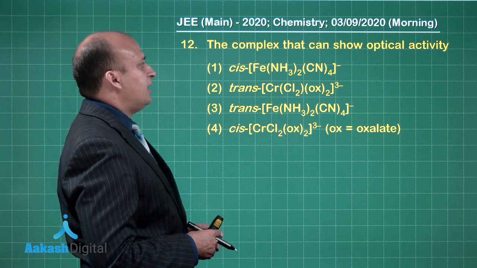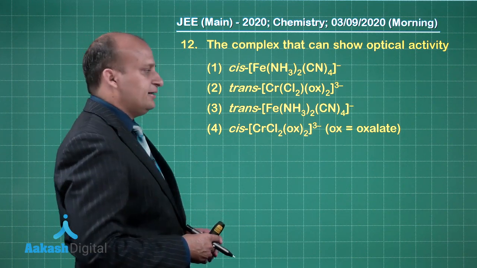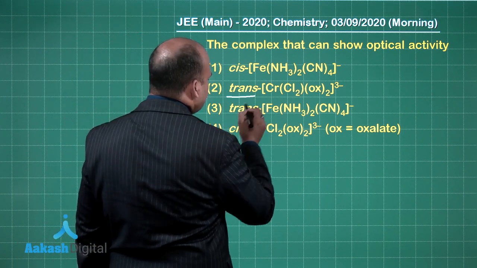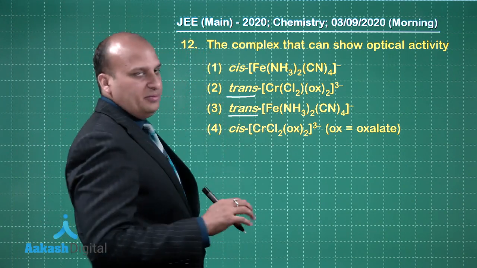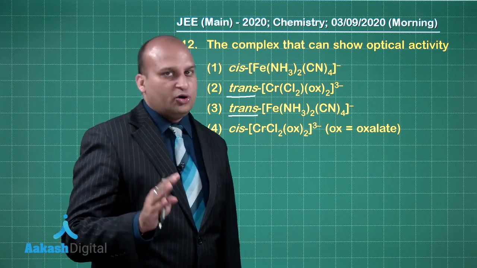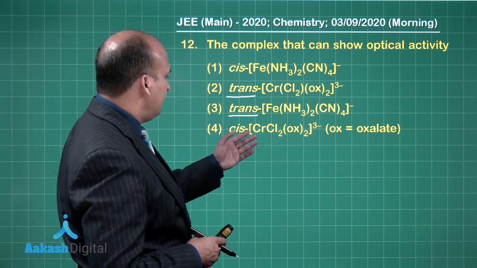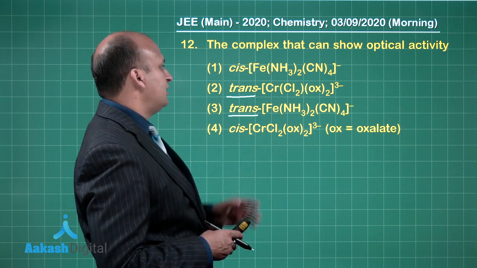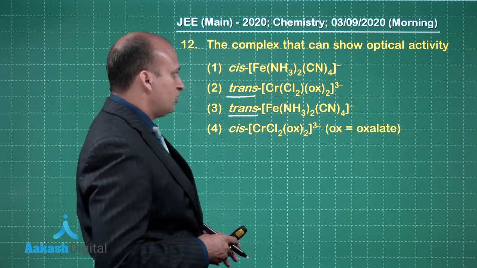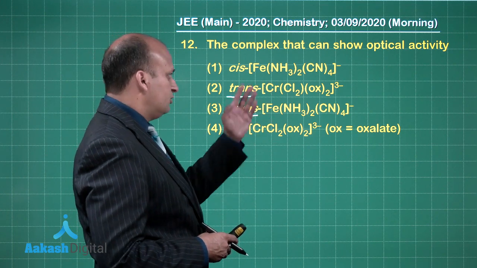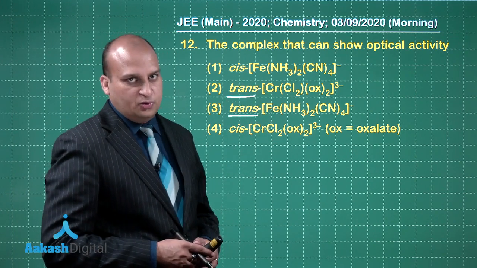The complex that can show optical activity. First of all, you should know that these trans molecules have a plane of symmetry, so they will not show optical isomerism. Now let us talk about the first and the fourth one. In the first case, you can see this is an octahedral complex, and they are talking about the cis configuration over here.